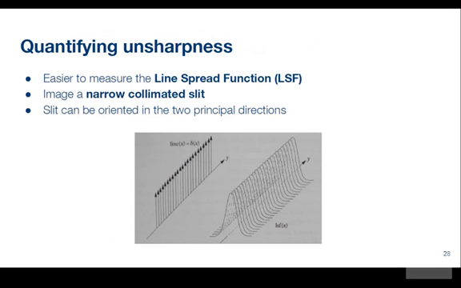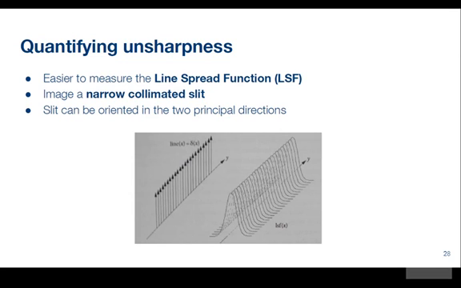Now, measuring a point, like I sort of alluded to, is actually quite difficult. So there are other ways that we prefer to do it when we're carrying out quality assurance on imaging systems. One is to measure the line spread function. For this we measure a narrow collimated slit.